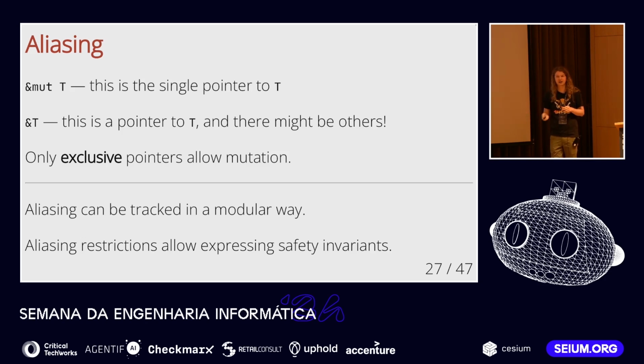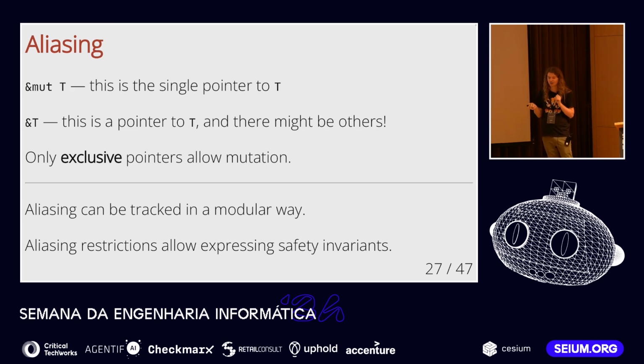And the rule that the type system enforces is that you can only mutate data through the exclusive pointers. Coming back to our example with two arrows and a reallocated buffer, this is exactly what happened there. We had two pointers, mutated through one of them, and made an access through the other, which was erroneous. And this is exactly what is prevented by the Rust type system.